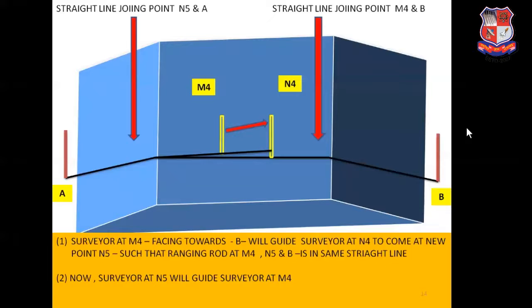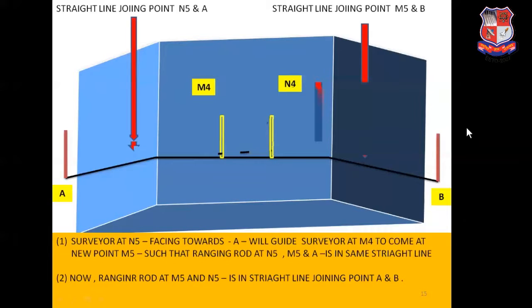Now the surveyor at N5 will guide the surveyor at M4 to come to a new location M5, as shown in the figure, so that N5, M5 and A come in the same straight line.